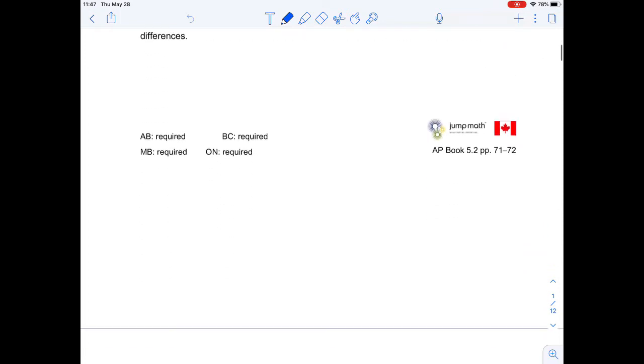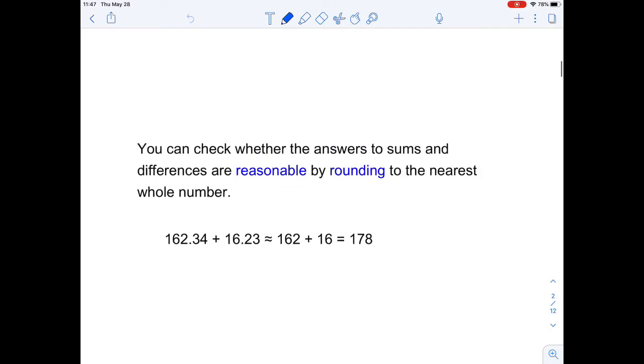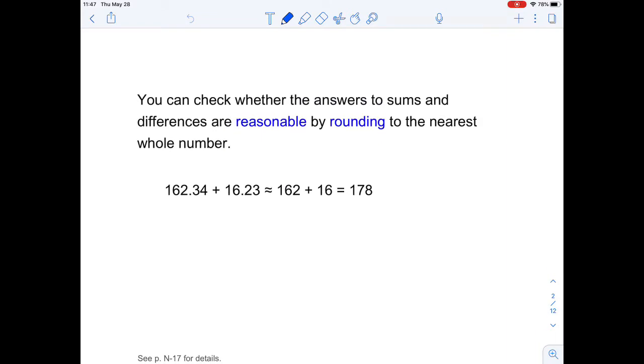So let's get started. Remember that when we do an example, you need to pause the video, try it yourself, and then come back to see your answer. You can check whether the answers to sums and differences are reasonable by rounding to the nearest whole number. So here we have, let's say we were talking about money, $162.34.